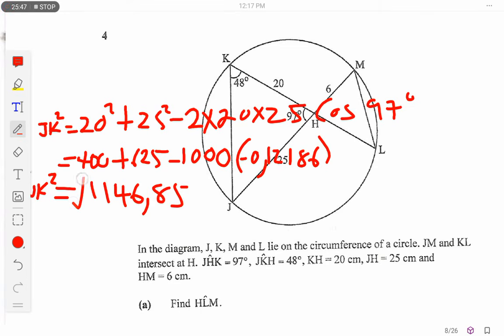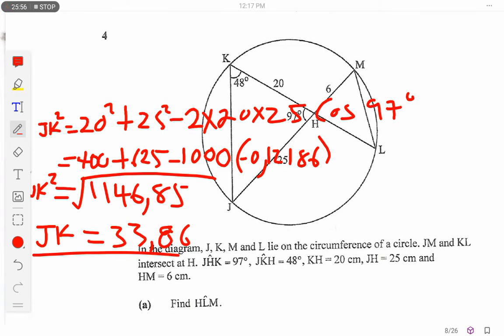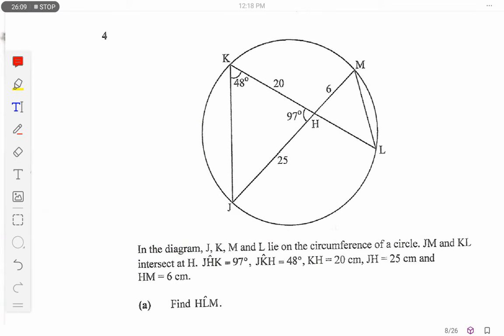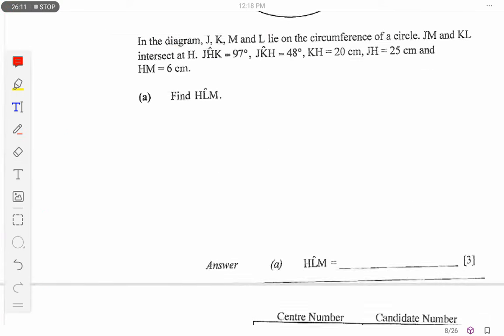So finding the square root of that, we now get our JK is equal to 33.86. So basically we can say our JK there is 33.9. Okay, so we can write here our JK is 33.9. Let's move on to the next part of the question.